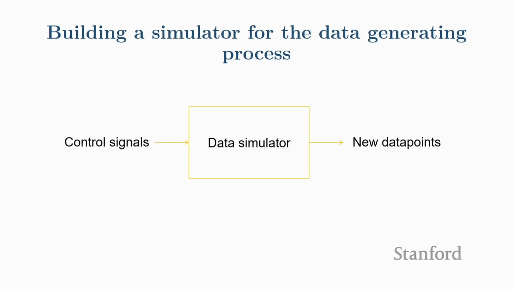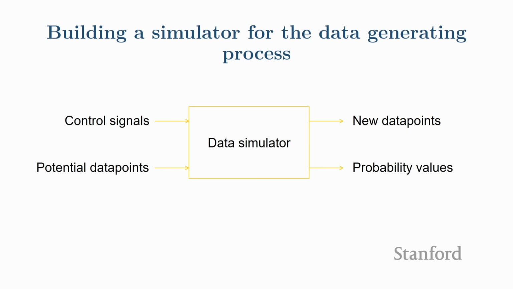Or you might have a model that can generate images, and you can control it by providing black and white images, and you can use it to produce a colorized version of the image. Or maybe you have a data simulator that can produce text in English, and you can control the generative process by feeding in text in a different language, maybe in Chinese. That's how you build machine translation tools.